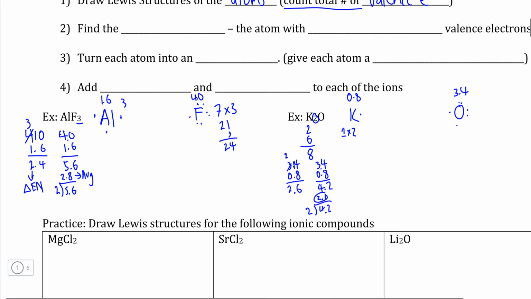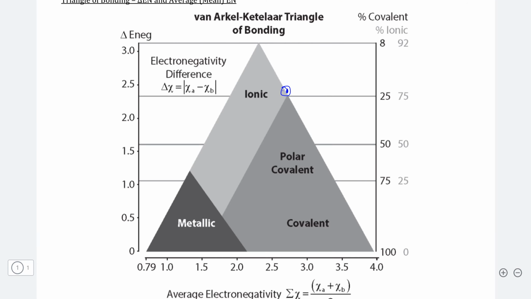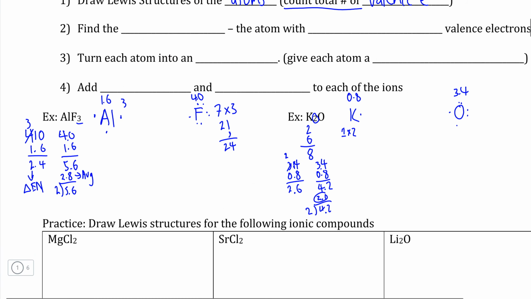And then if we repeat this for potassium oxide, the difference is 2.6, the average electronegativity is 2.1. So if we find the average electronegativity here, and a difference of 2.6 is all the way about here, we can see that both of these fall clearly within the ionic range, which means that we can go ahead and start our Lewis structure building.